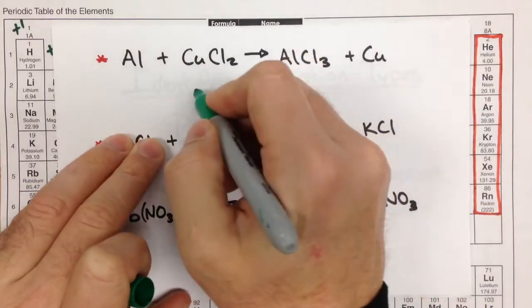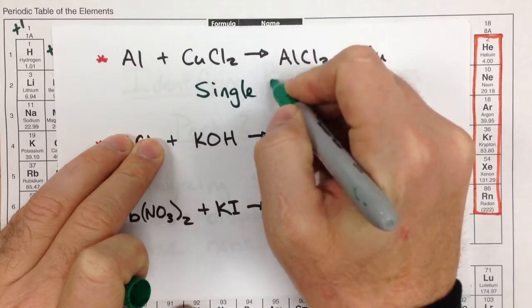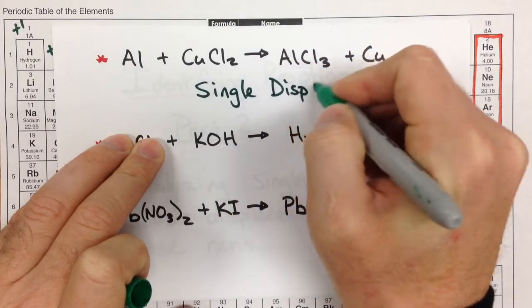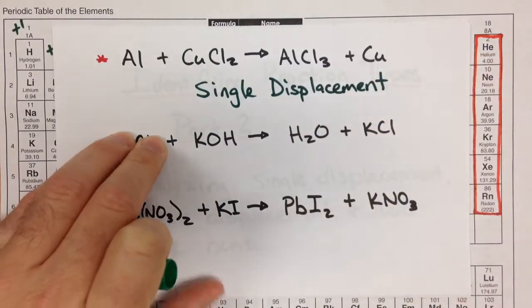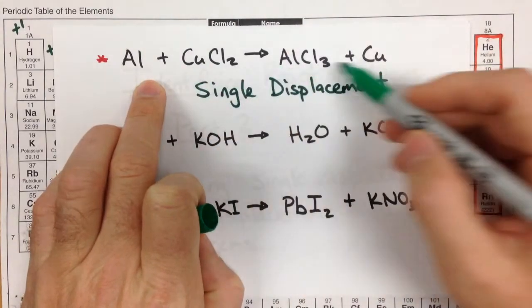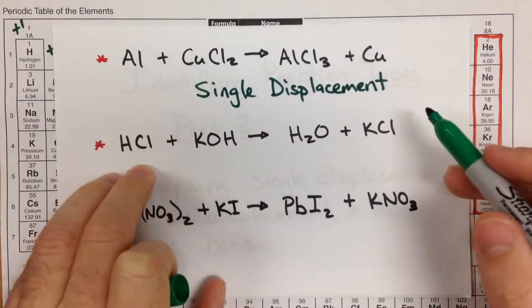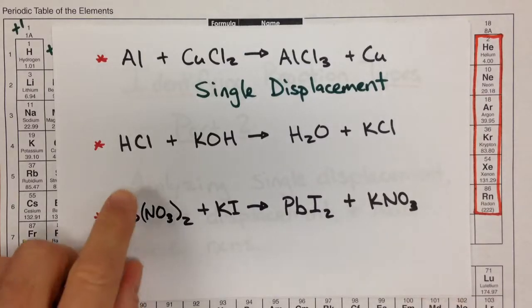And so this is a single displacement reaction. All right. Eventually we'll practice balancing, and you can balance that equation. That's something that you should definitely always be doing, whether you're asked to or not, from here on out.